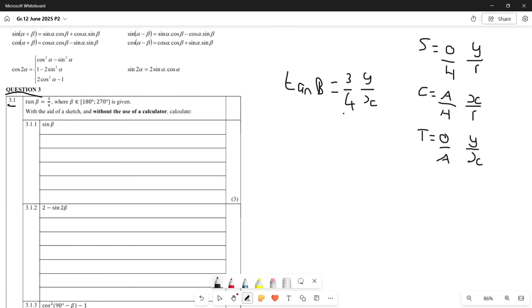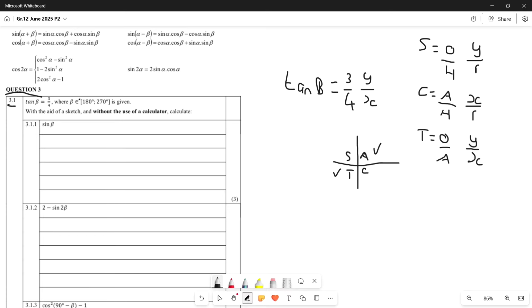And then we have a positive tan over here. So if we are doing our construction, this is our CAST diagram, where only cos is positive here, all of them are positive here, sine, cos, and tan. Only sine is positive here, and only tan is positive here. So tan beta equals 3/4, and tan beta is positive. So tan is positive here, and tan is positive there.